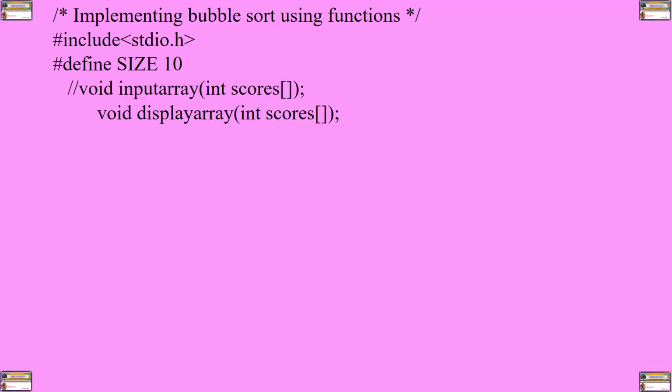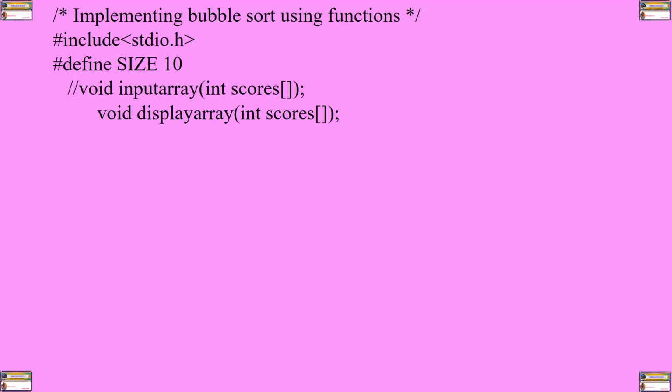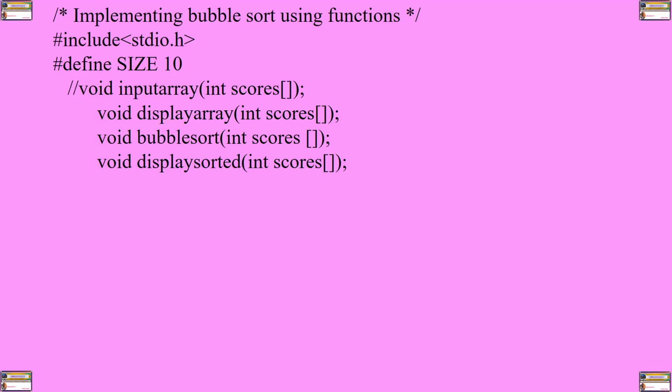Now note here, this is a comment, for inputting elements into the array. Input array. Now, if it remains as a comment this way, do you think that the computation will be done?